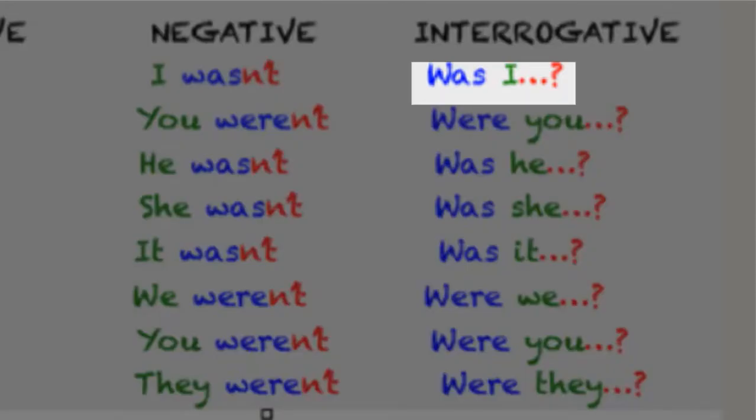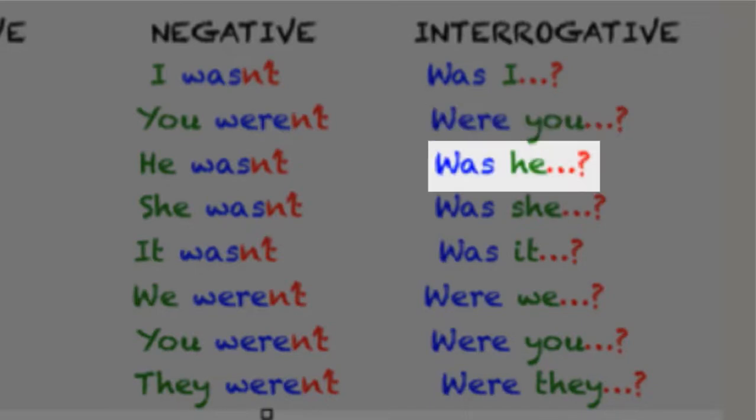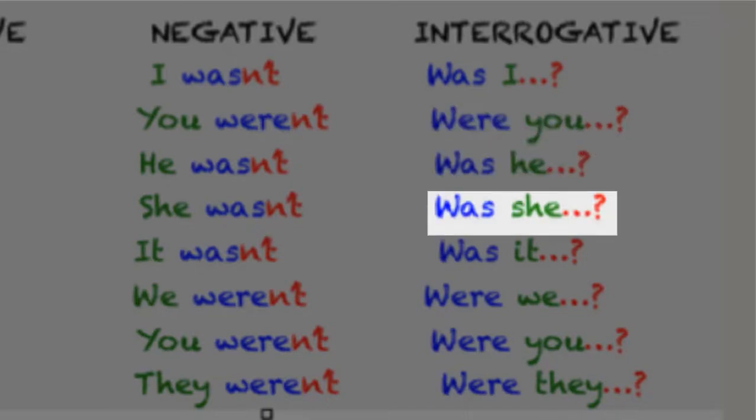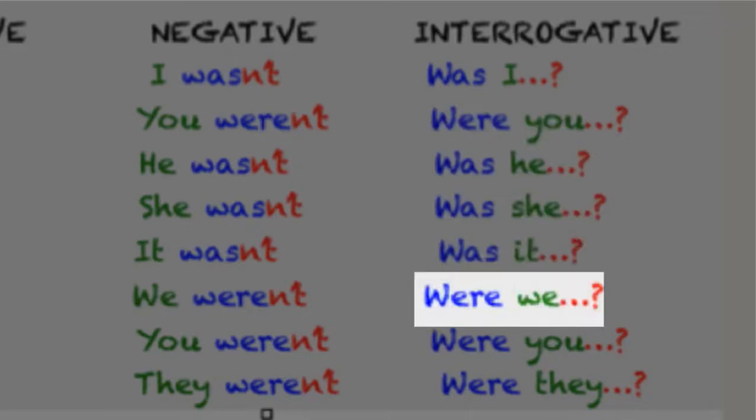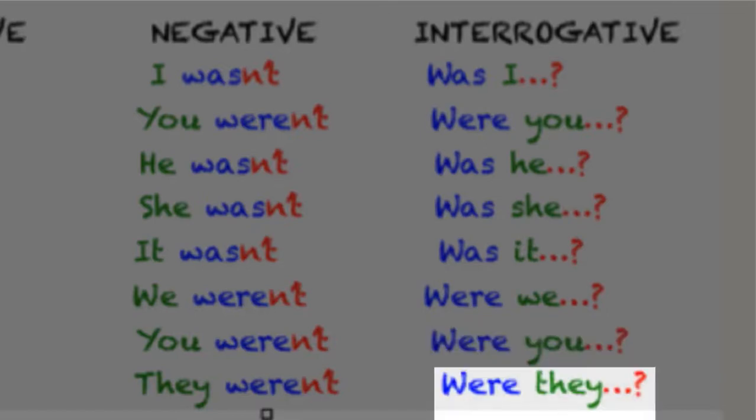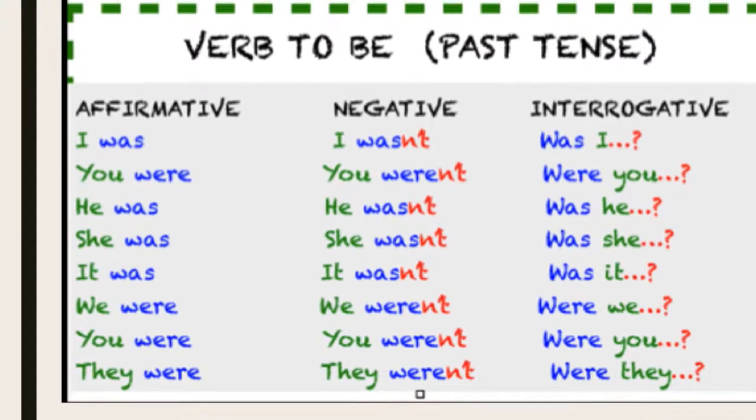Interrogative: Was I, were you, was he, was she, was it, were we, were you, were they. So you can check the videos in my channel in which I talked about verb to be in the past tense.